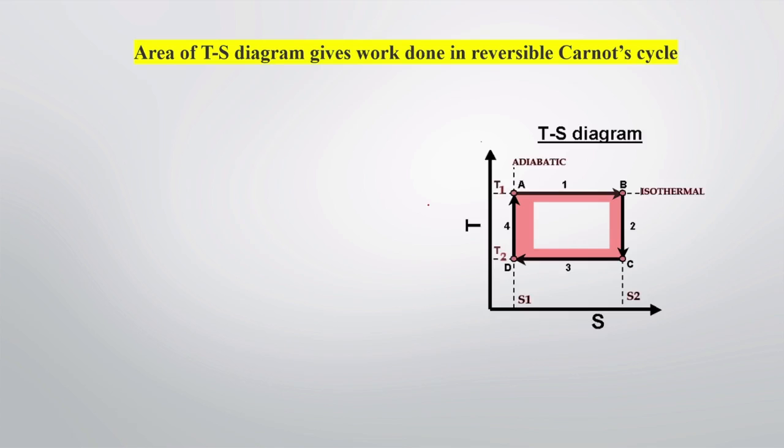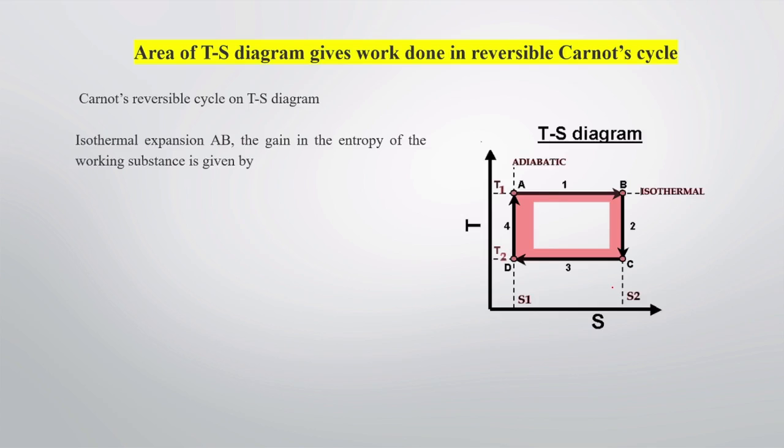Now suppose that S1 is the entropy of the working substance in the state A, and S2 is the entropy of the working substance in the state B. So here we have S1 and this is S2. S1 and S2 are taken as the entropies in the states A and B.